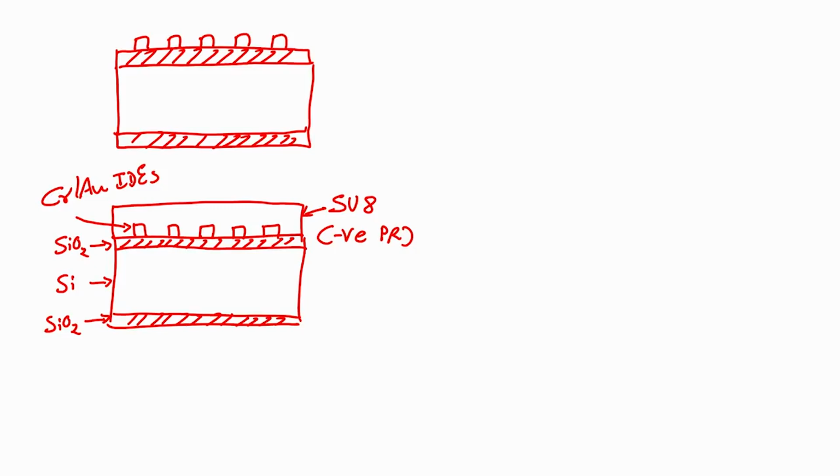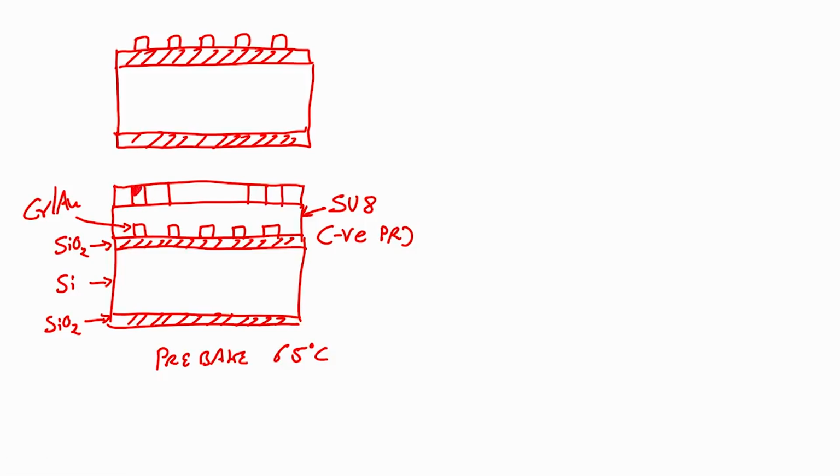Next step is that I will load a mask. So, after SU8 is there, I have to pre-bake it, right. In SU8 we have to pre-bake it at 65 degree centigrade. Then we load the mask such that I have to create the well.